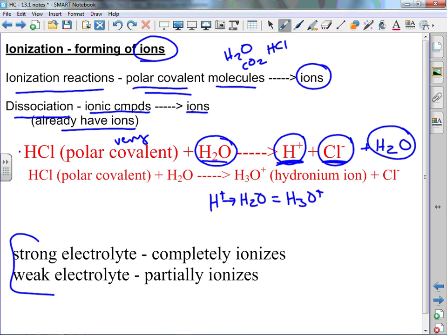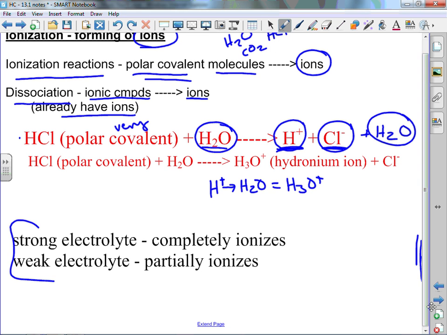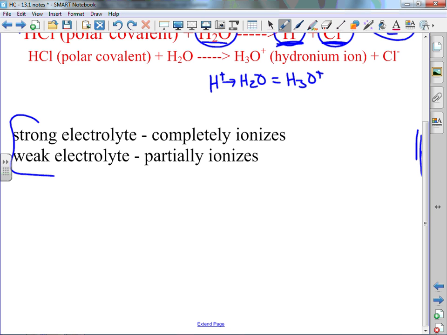The thing we want you to remember is these two terms: what's a strong electrolyte versus what's a weak electrolyte? We talk about chemicals that can ionize, can conduct electricity, as well as some other properties. What I want you to remember is what it means in terms of a chemical being able to ionize.